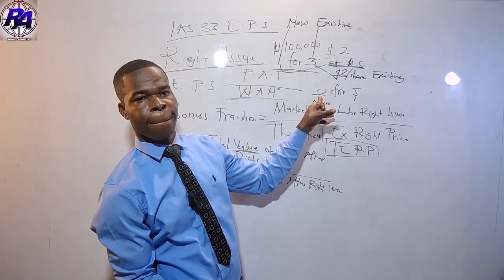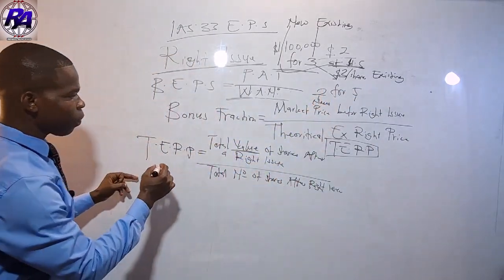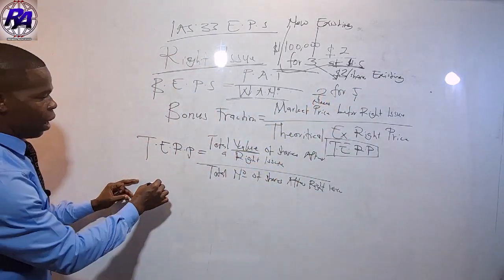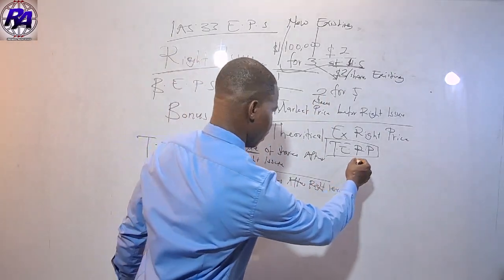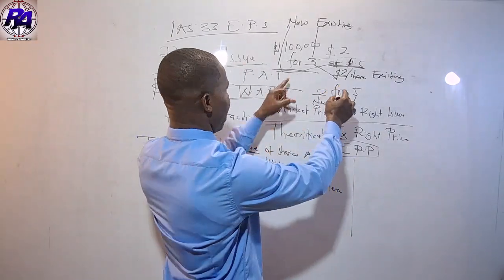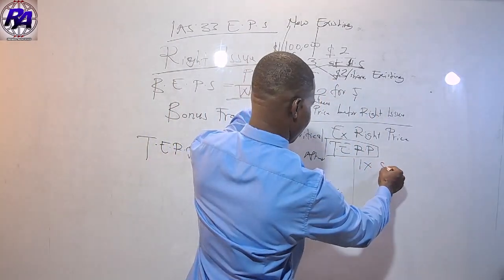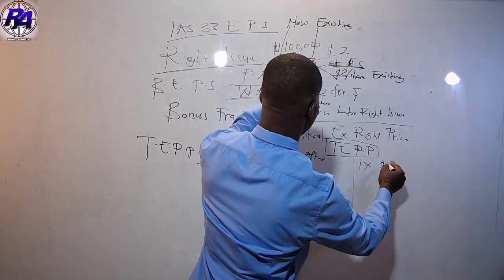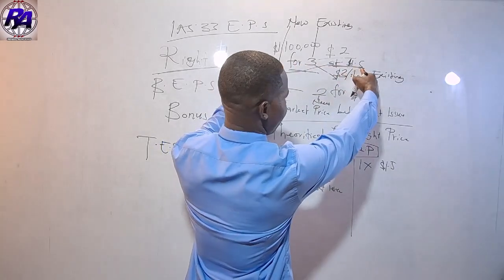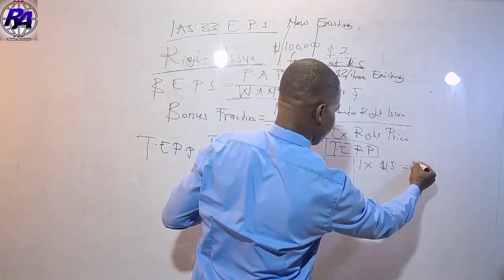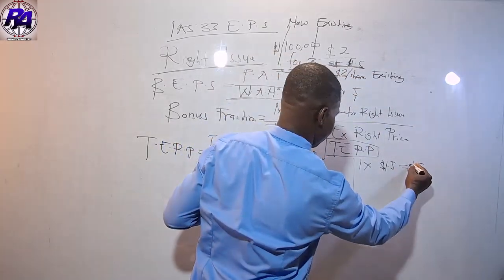So in this case, it's going to be 1 multiplied by $1.5, because we said 1 for 3 at $1.5. This is going to give us $1.5.